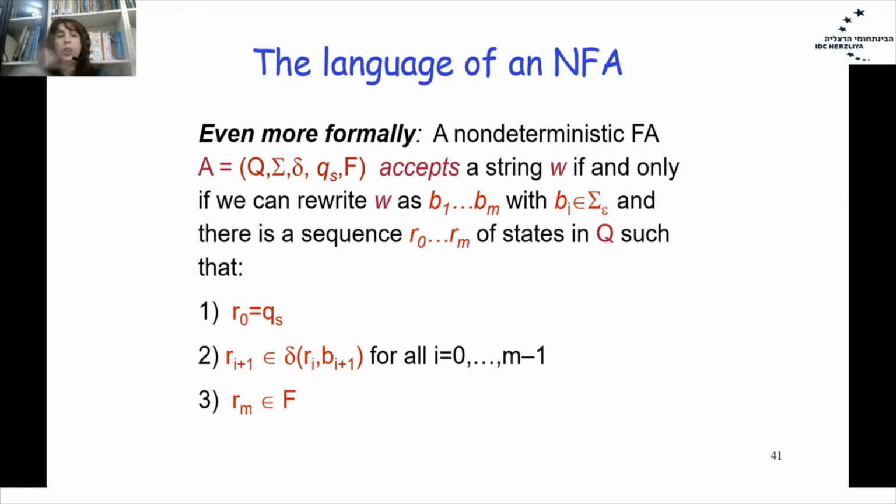Each transition is defined by the automaton: delta of Ri on the letter B(i+1) leads us to some state R(i+1), which is a state of the automaton, and Rm, the final state where we finish reading the word, belongs to F, the set of final states of the automaton A.